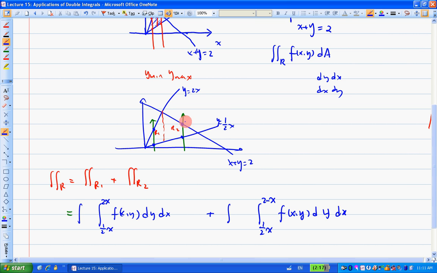So two contact points. Okay, so then you try to figure out the x limits. Any questions so far? X limits meaning what do you do? You sweep this vertical line across this region R. So in this case, we're going to sweep this line across region R1, right?